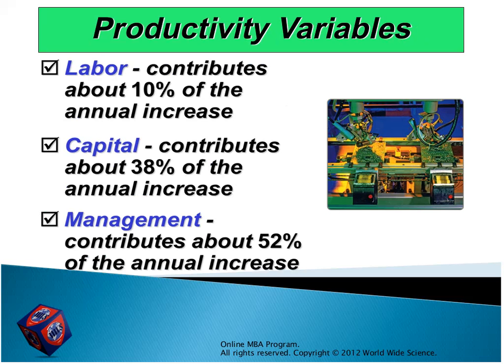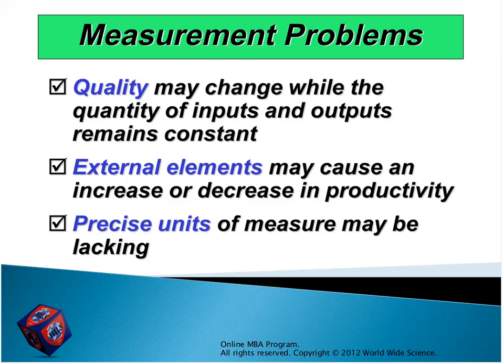One of your friends has asked about an example for external elements. As I told you, external elements can be the economic condition. Sometimes governmental rules, economic conditions, political conditions such as sanctions, policy, and politics can affect productivity.